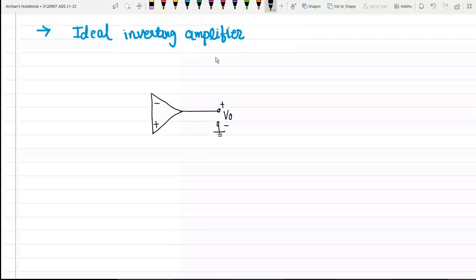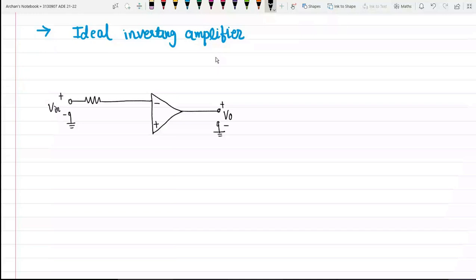Whenever we call it an inverting amplifier, that means we are providing the input supply voltage to the inverting terminal. So at the inverting terminal we will provide some supply voltage, let us call it Vin.